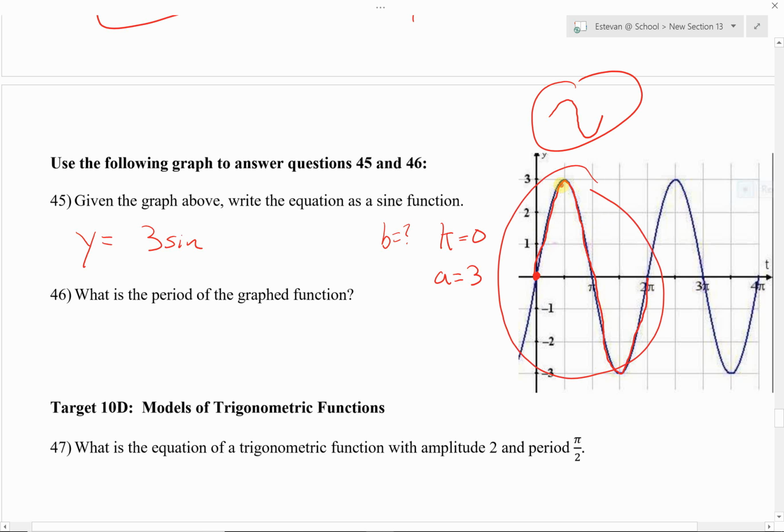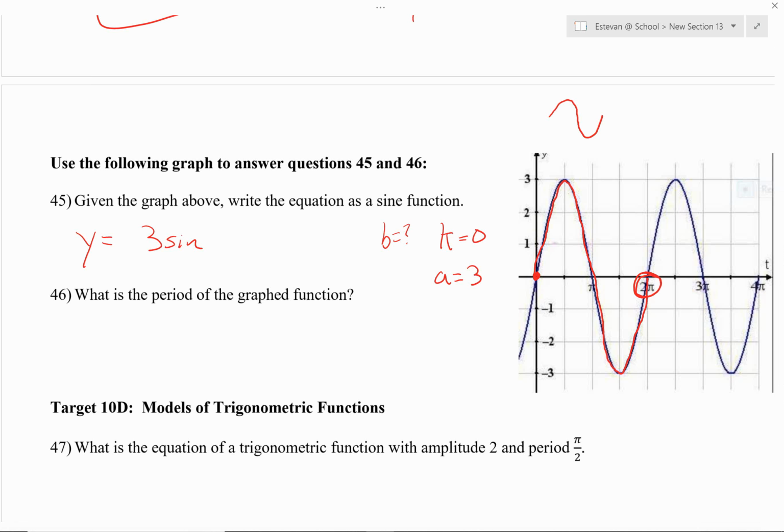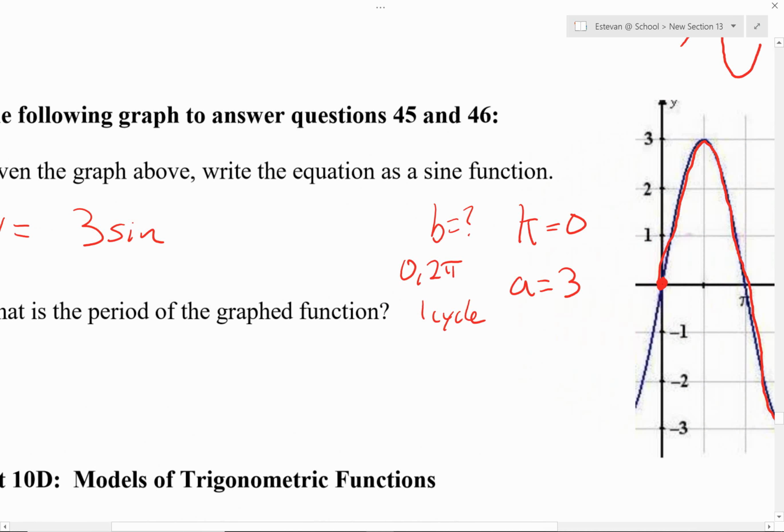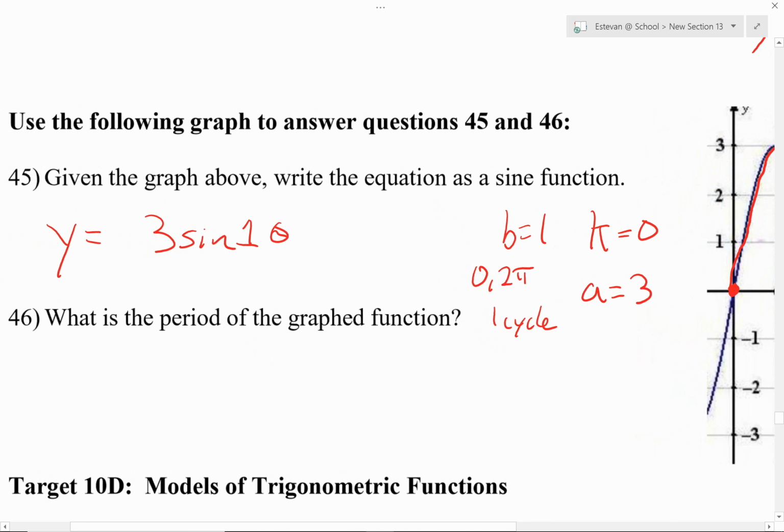So this is identical to the first cycle. Then we look at where we ended up. We ended up at 2 pi. Since it was 2 pi, B represents the number of cycles from 0 to 2 pi. And we only had one cycle. Therefore, B has to equal 1. So we put 1 theta. And our midline was 0, so we don't have to write anything at the end.